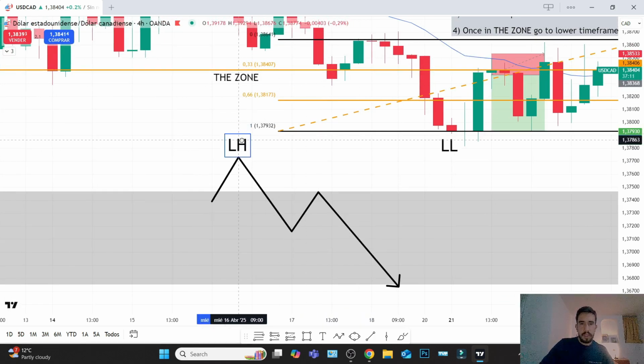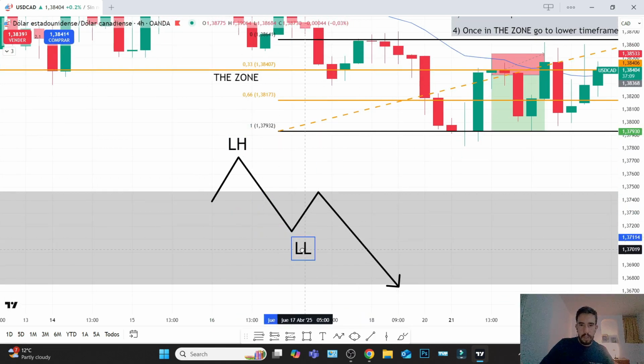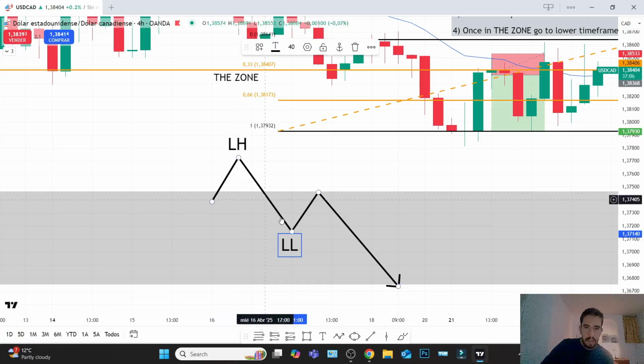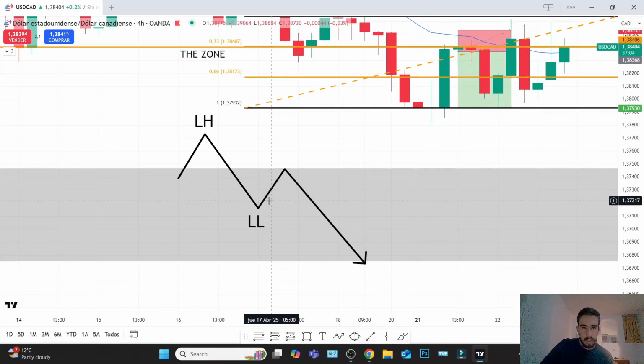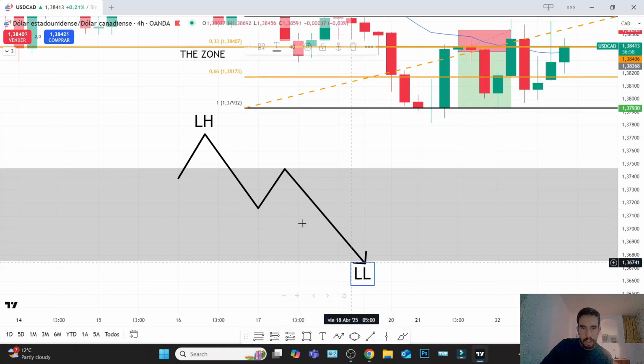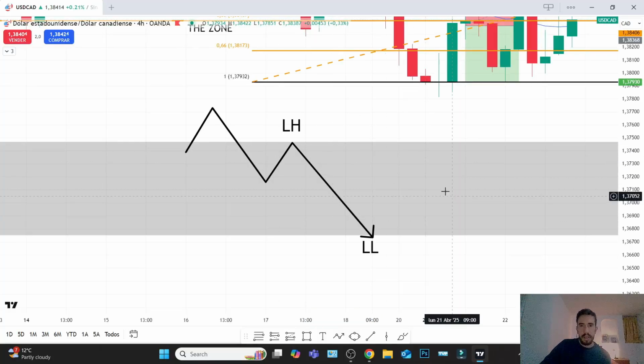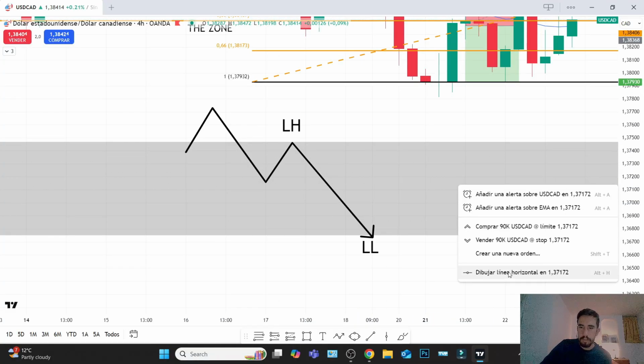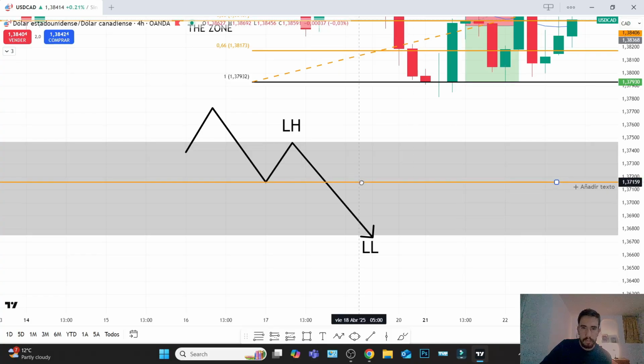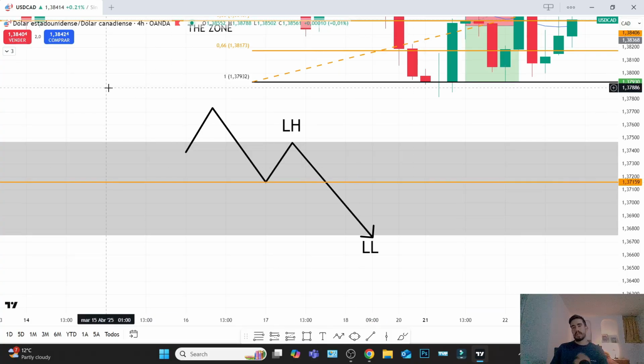I want you to understand this very well. So we have the lower high, lower low. Then this will be market structure until it breaks below here. Once it breaks, this is the lower low, this is the lower high now, this is the area I'm interested in now. Normally the zone is gonna be here. Normally. That's what I want you to understand.